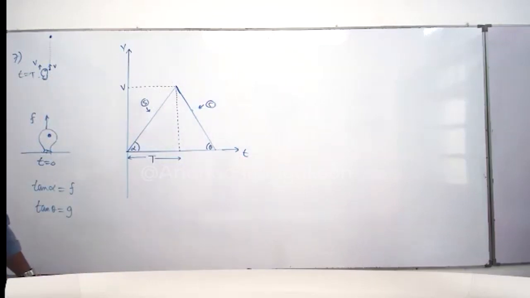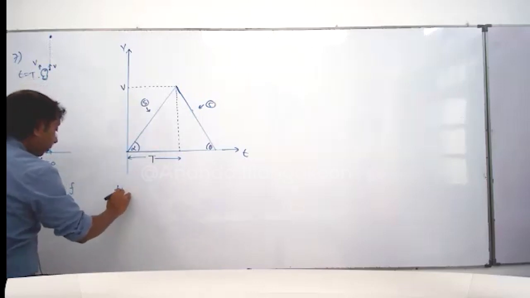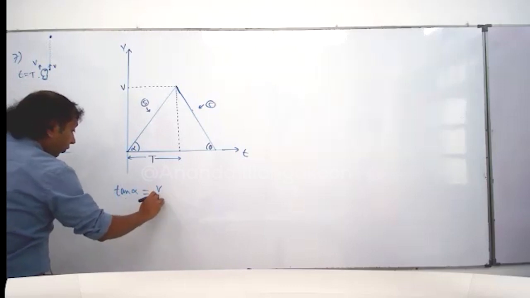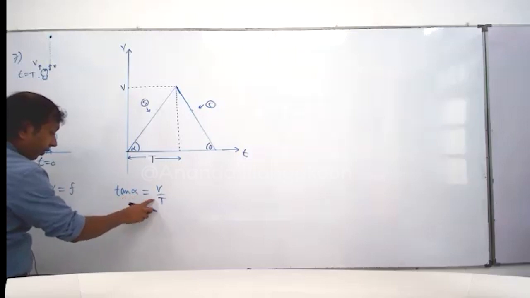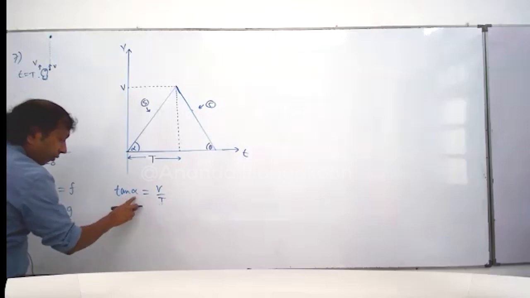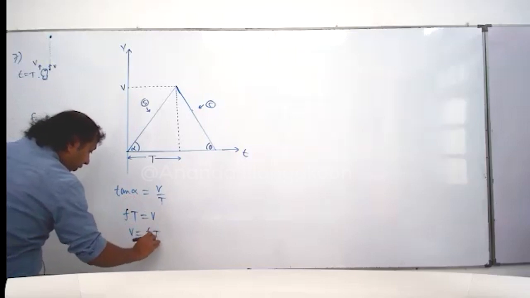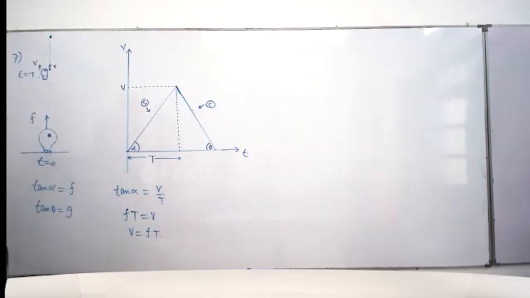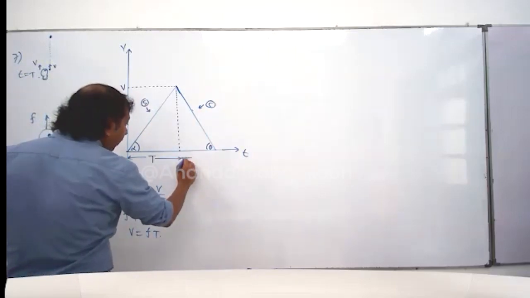Then we can find, by the diagram, tan alpha is v over T, and tan alpha is f. Then, using cross multiplication, v equals fT. Then let us take this time as simple t.